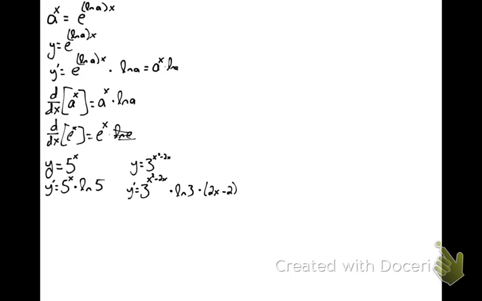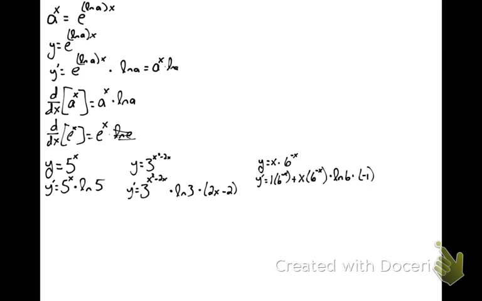Final example of this, if y equals x times 6 to the negative x. Well, we can use the product rule here, and we'll have 1 times 6 to the negative x power plus x times the derivative of 6 to the negative x, which is itself times the natural log of the base times the derivative of the exponent, which in this case is negative 1.